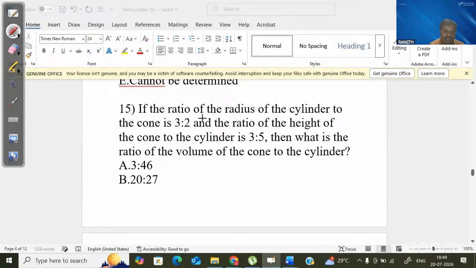If the ratio of the radius of the cylinder to the cone is equal... Volume of cylinder will be equal to pi r square h and volume of cone will be equal to 1 by 3 pi r square h.